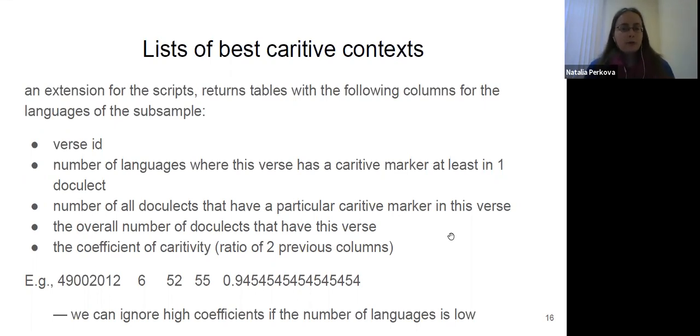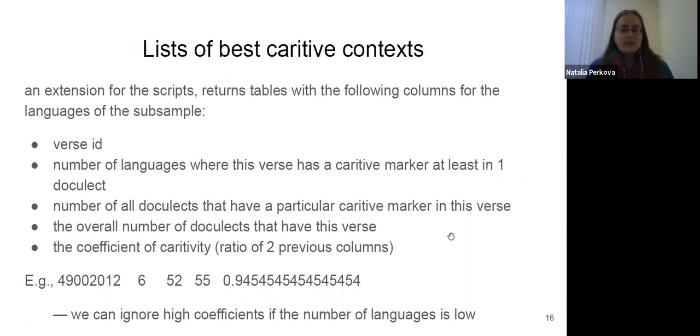Then the number of all doculects that have a particular Caritive marker in this verse, so it was 52 for this particular verse, and the overall number of doculects that have this verse. So in 3 doculects, this verse had no Caritive marker. And then we calculate the ratio as the coefficient of Caritivity for a particular context.